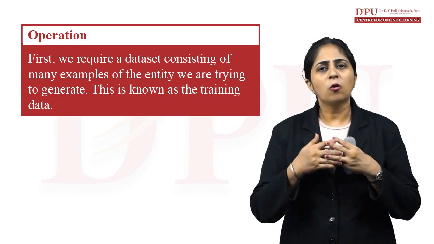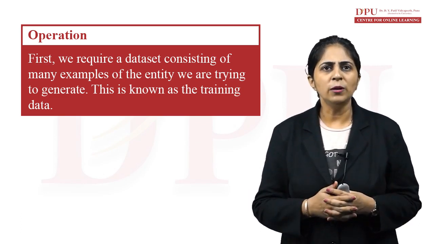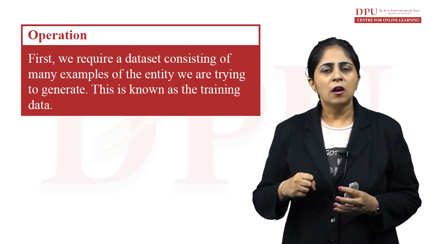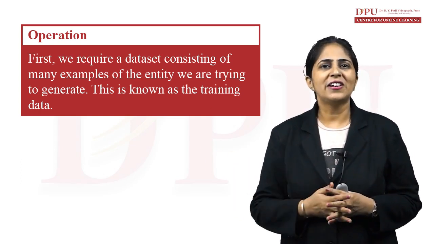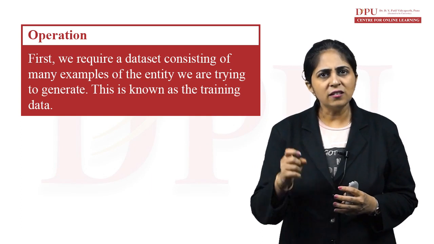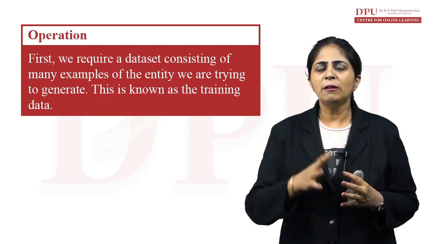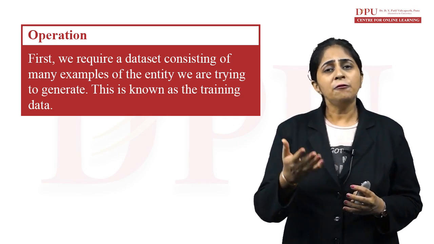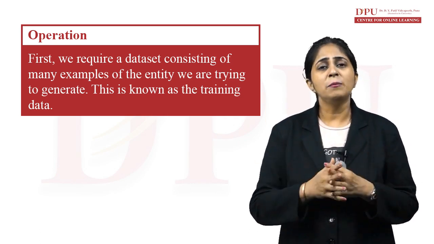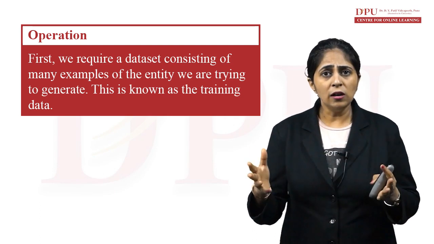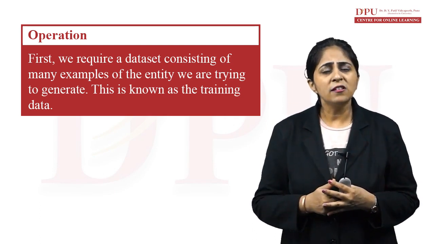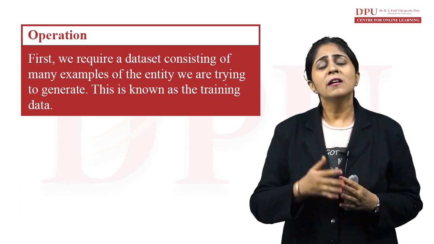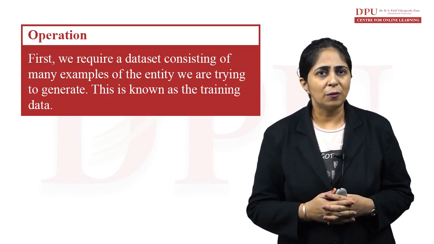So in an image generation problem, what are our features? We have to extract the features on the basis of which we will generate a new sample. Like if we are generating the image of a ball, the size of the ball and the color of the ball can be the features.